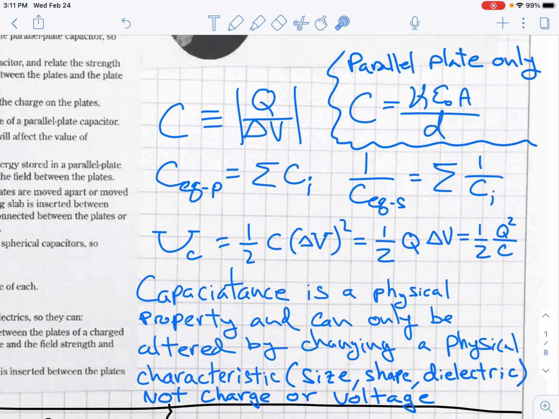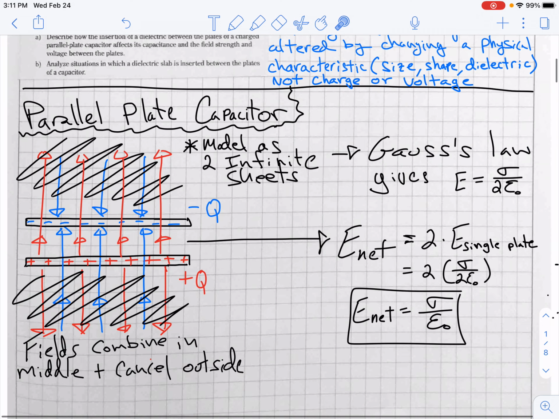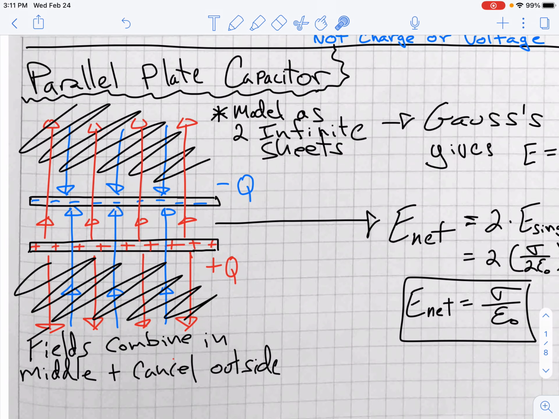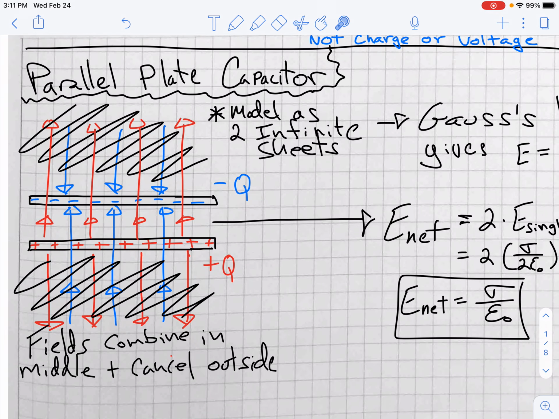Any equation that you come up with for capacitance, for any type of capacitor, whether it's spherical, cylindrical, or parallel plates, what you get should be able to be reduced, in the long run, to only physical properties.